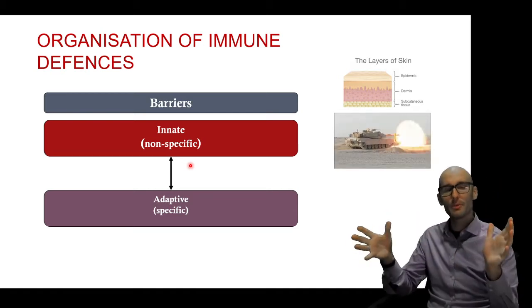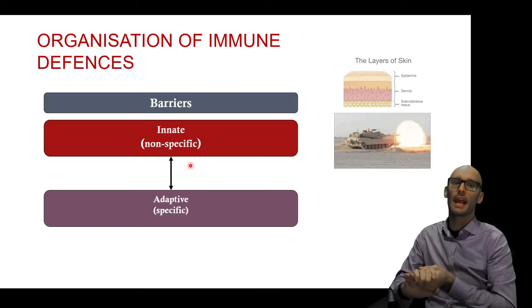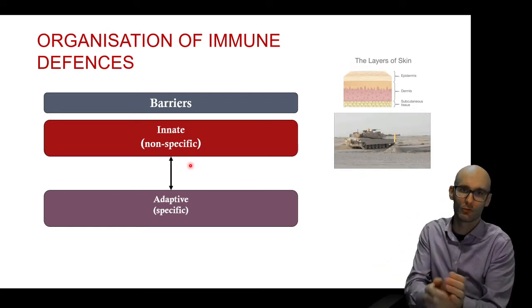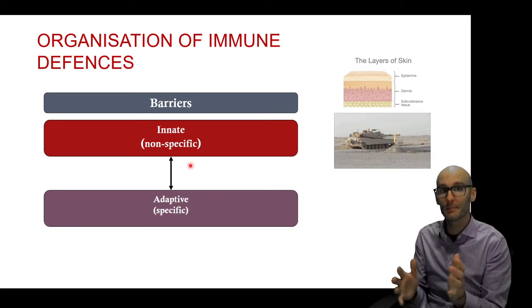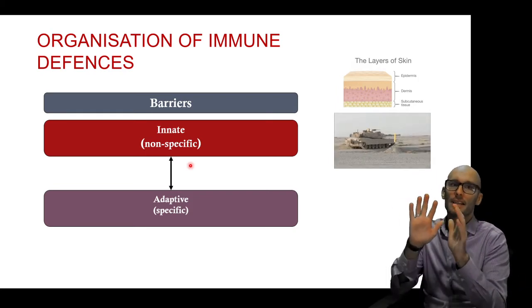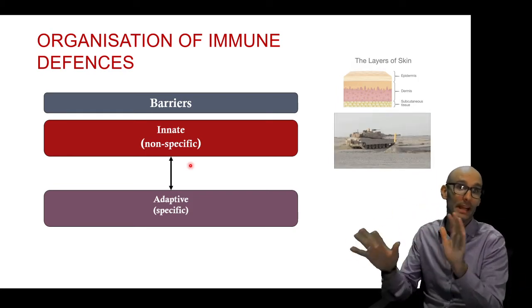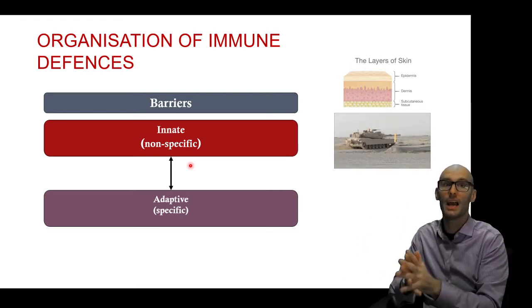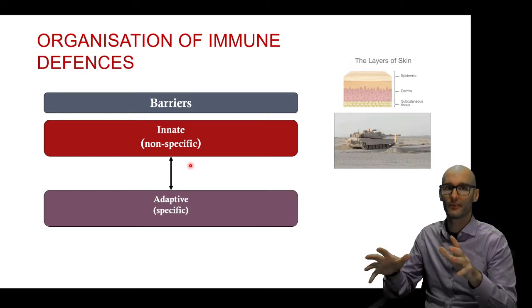Now, the innate immune system is non-specific. It includes responses such as macrophage responses and neutrophil responses. It attacks the pathogen, but it attacks different pathogens, like different bacterial species, in the same way, which is why we call it non-specific.